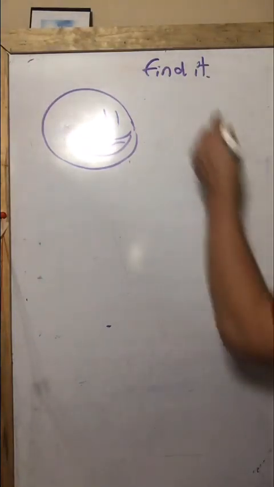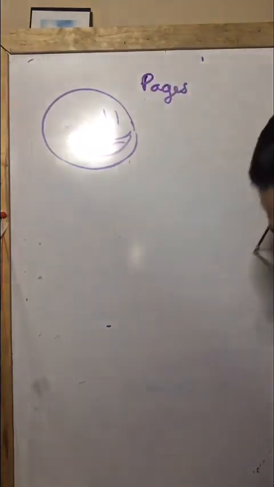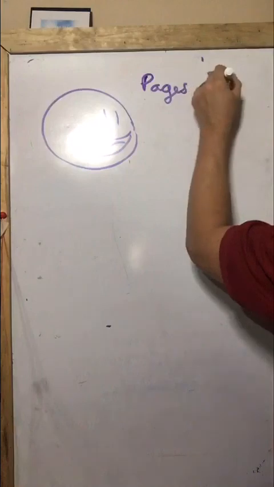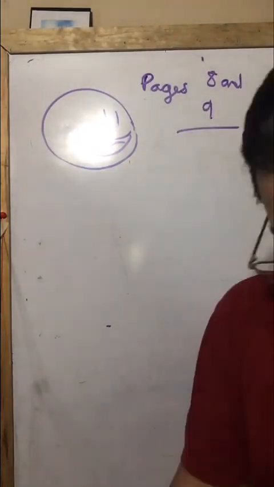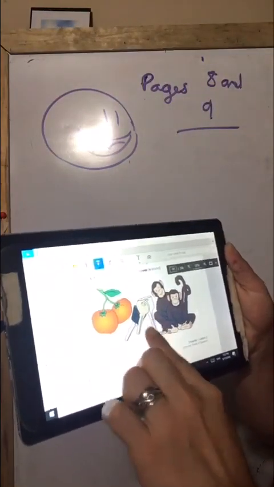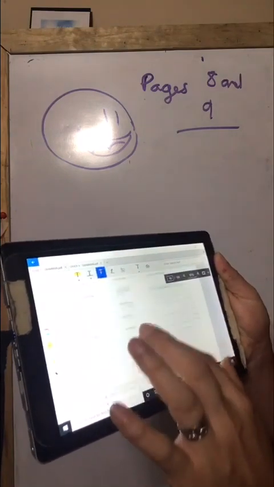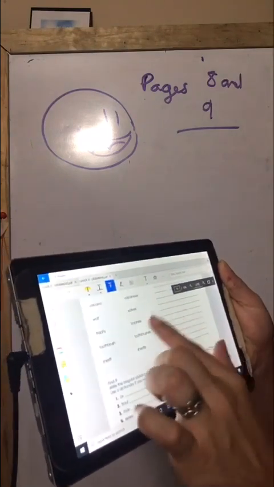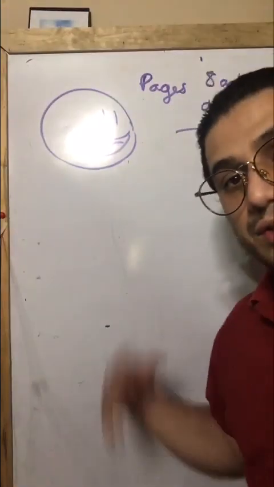We were doing pages 8 and 9. I'm sorry, guys, I get confused. So just for you to know which pages we were doing, this page with the monkeys. Okay, and then the next one is this one. Okay, so I'm sorry, I'm gonna correct it when I write it in the video. So these are not the pages.